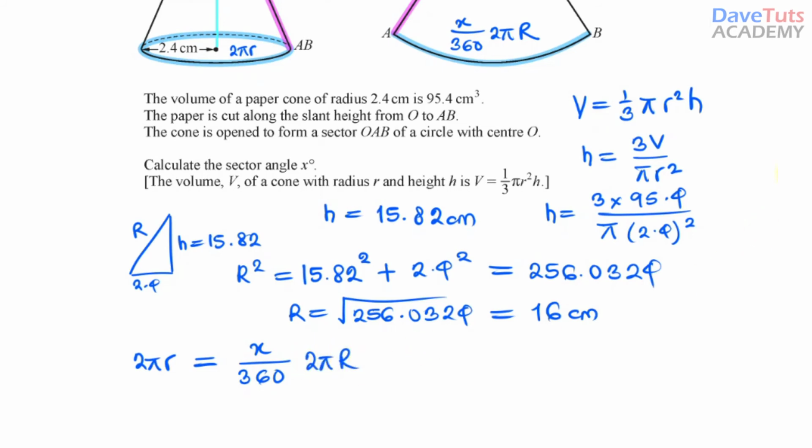Looking at this, 2 pi is common to both. Then small r we know, we are looking for x, and as easy as it gets, our x will be 360 multiplied by the small radius over the capital R that we just got.